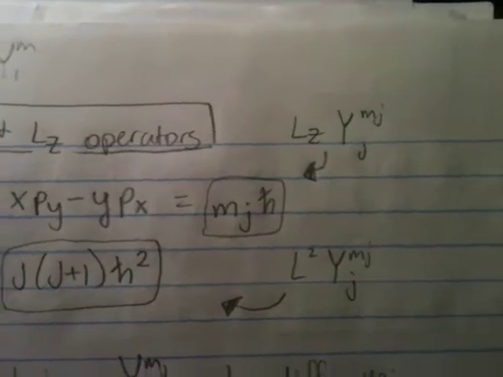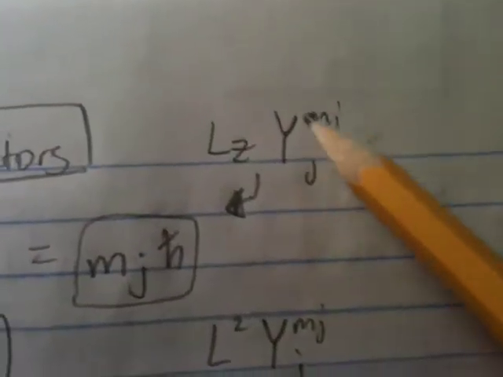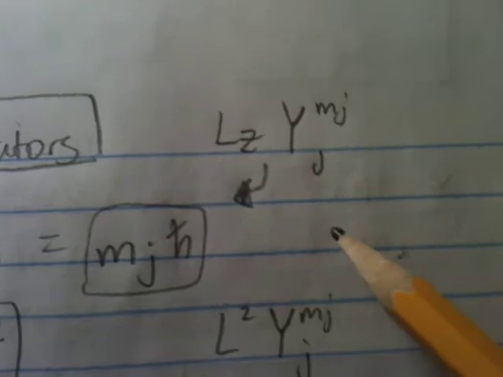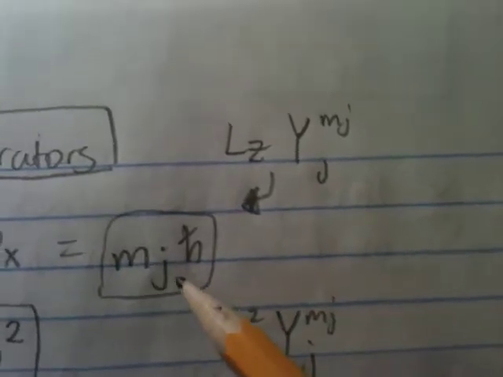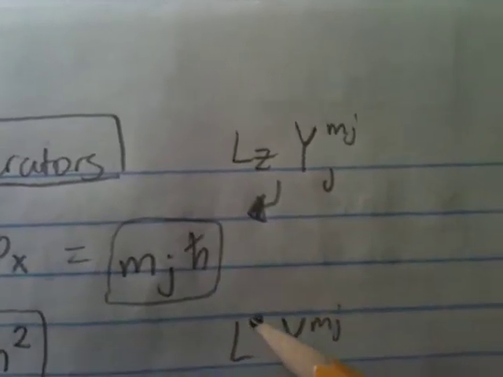When you apply L sub z to some state, you get M sub j h bar.